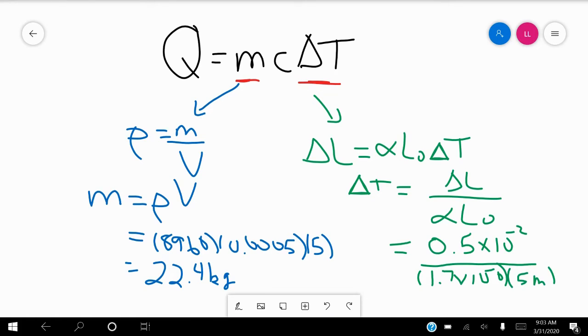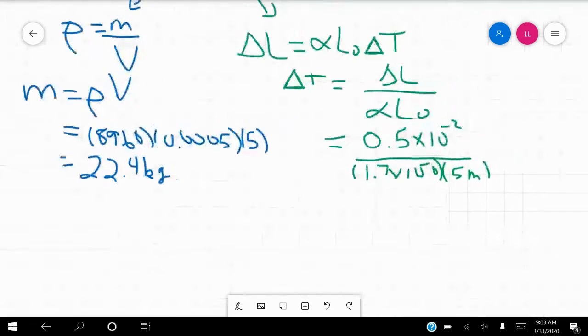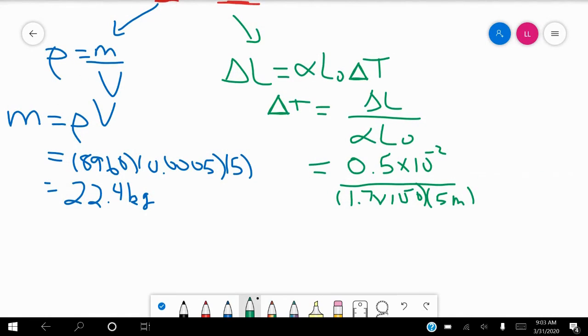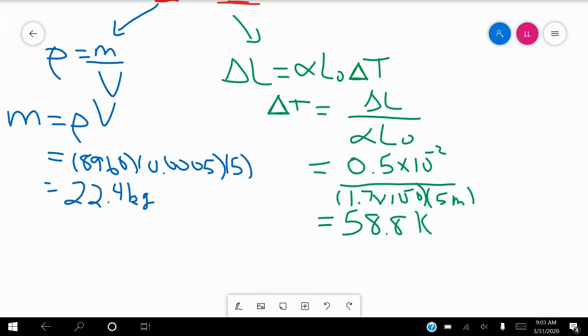That gives us a change in temperature equal to 58.8 Kelvin.